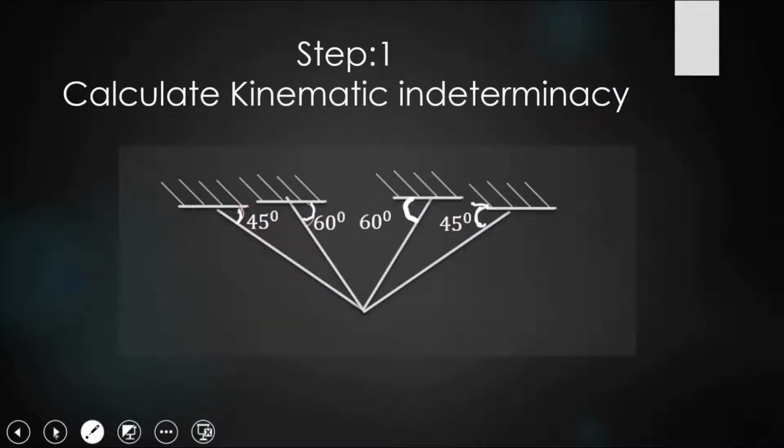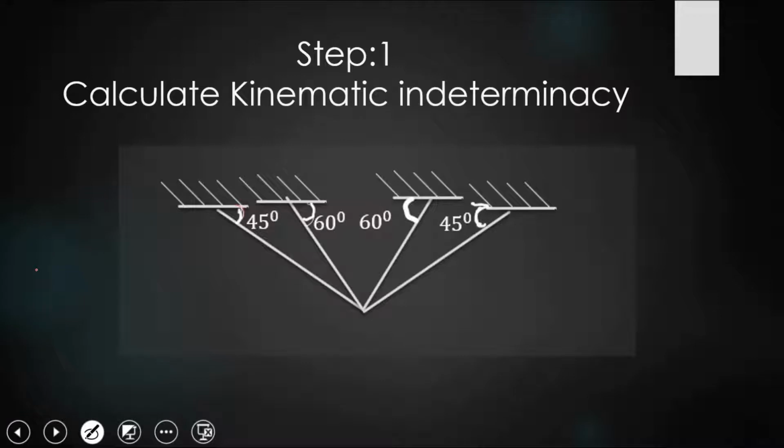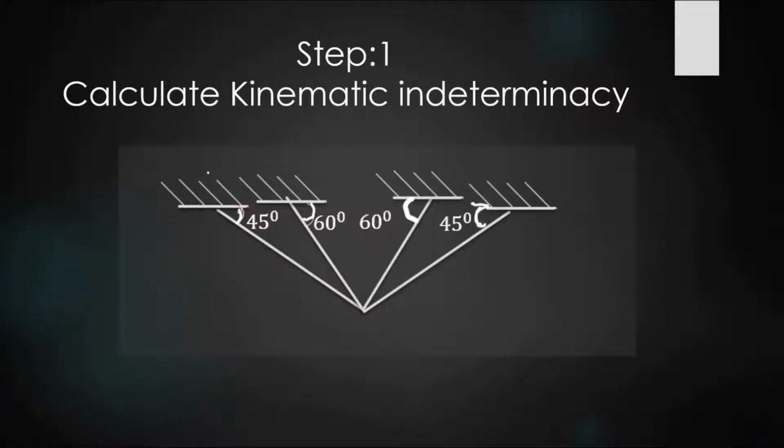Our first step is to calculate kinematic indeterminacy. As this is a truss, in order to calculate kinematic indeterminacy, we will analyze the degrees of freedom of each joint and support. Here we have 4 supports. All 4 are fixed supports. A fixed support will have a degree of freedom 0.